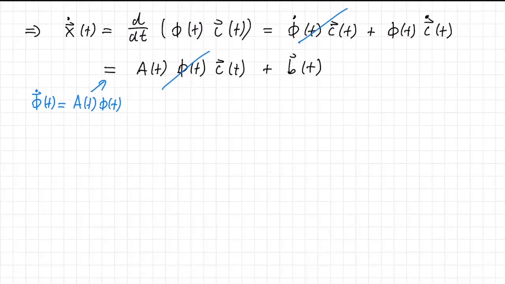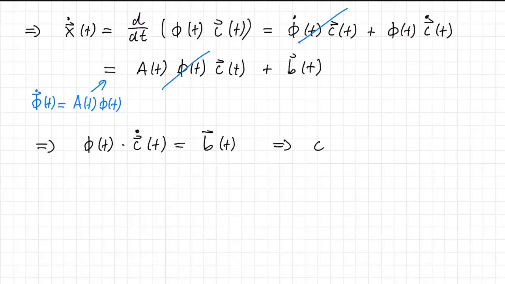With this simplification, our equation now simplifies to phi of t times c vector dot of t equals b of t. And then we can solve for c dot of t.